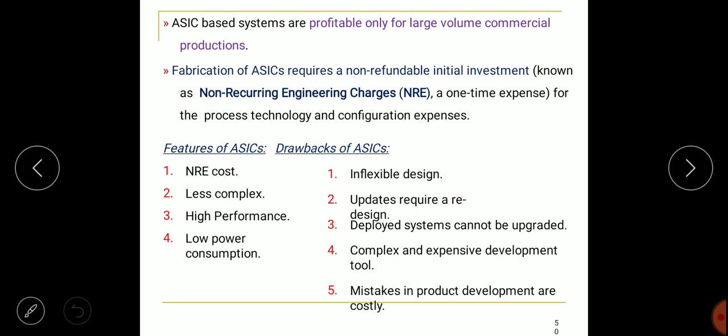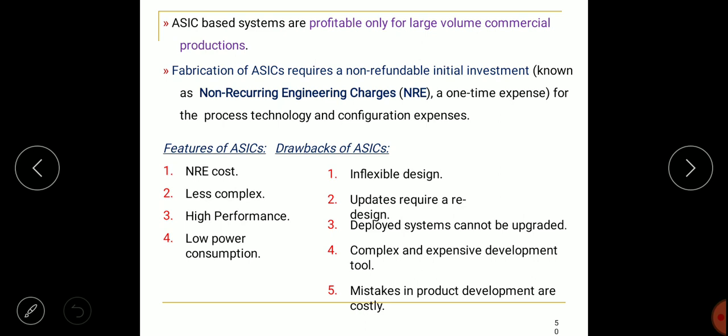Here the features of the ASIC and the drawbacks are given. Features of ASICs are NRE cost, which we discussed, less complexity, high performance, and low power consumption. These are the four important features of ASIC. And what are the drawbacks? Five drawbacks are listed here.